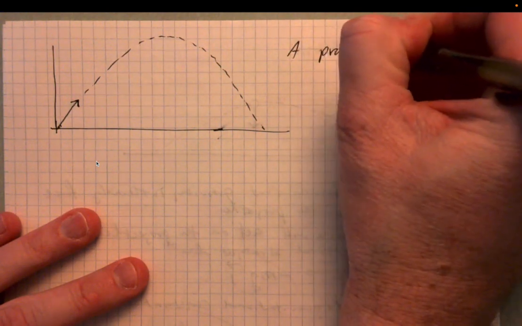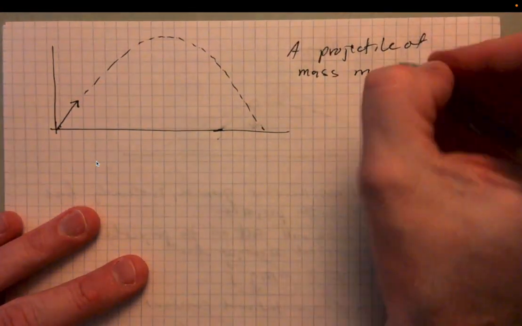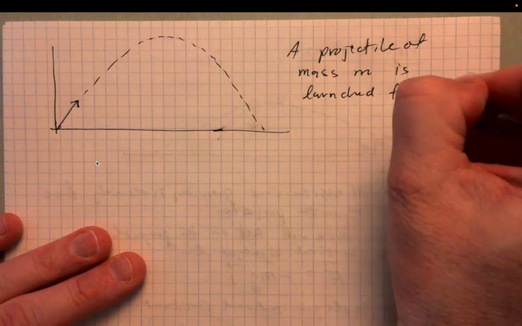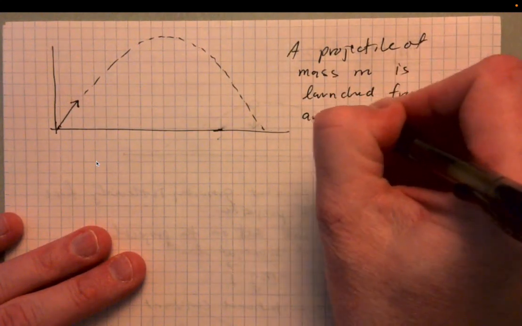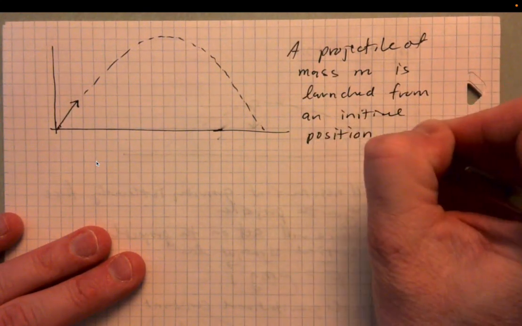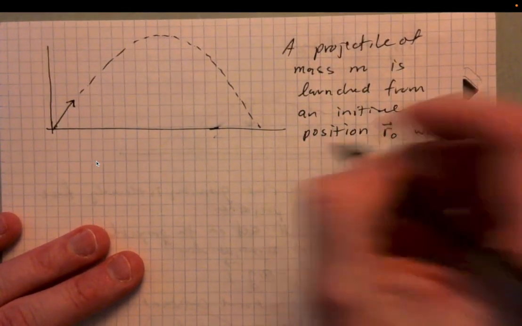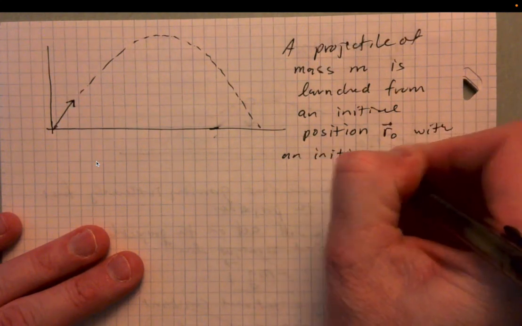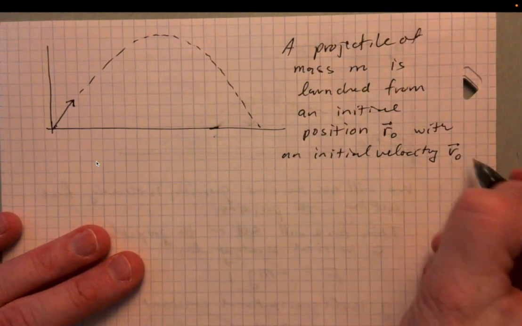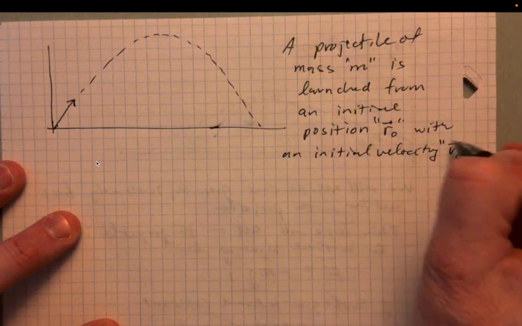A projectile of mass m is launched from an initial position, and we'll call that r of 0, r naught, with an initial velocity, and we'll call that v naught. So we've got a couple things in here that are important: the m, the initial position, and the initial velocity.